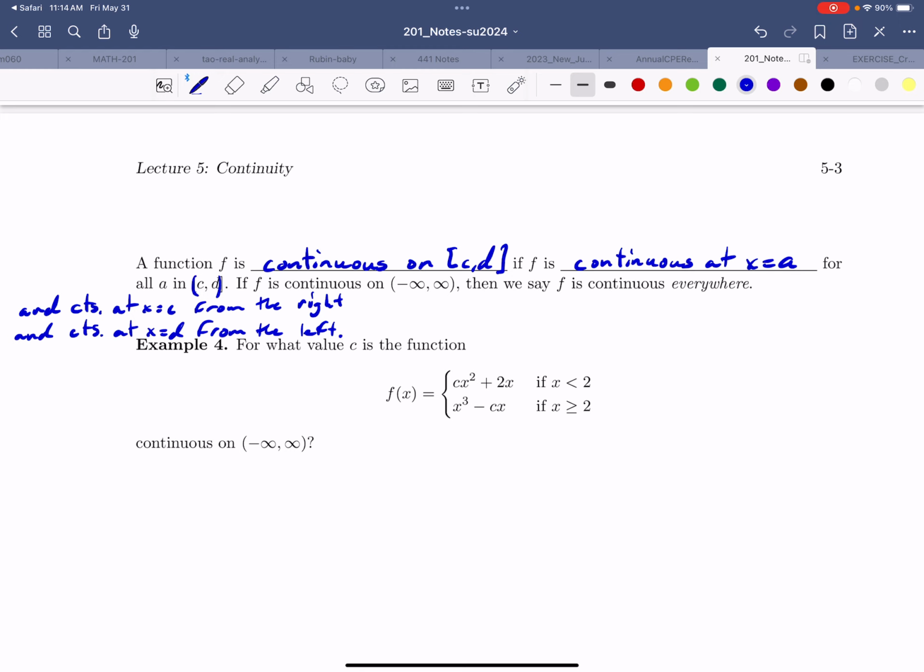If f is continuous on all real numbers, I might say f is continuous everywhere, or I might even just say that f is continuous.